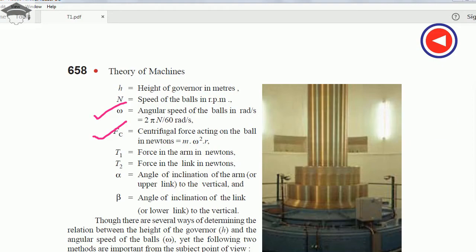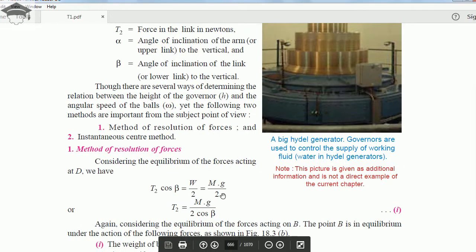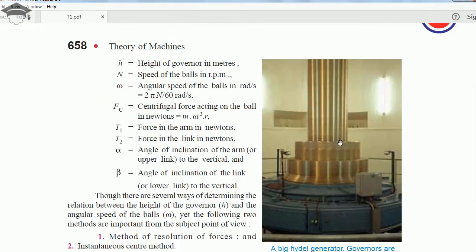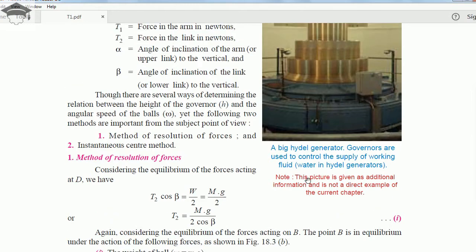Now we would be solving for the relation between height and the speed of the governor. First is the method of resolution of the forces, in which we are resolving along the x-axis and along the y-axis.